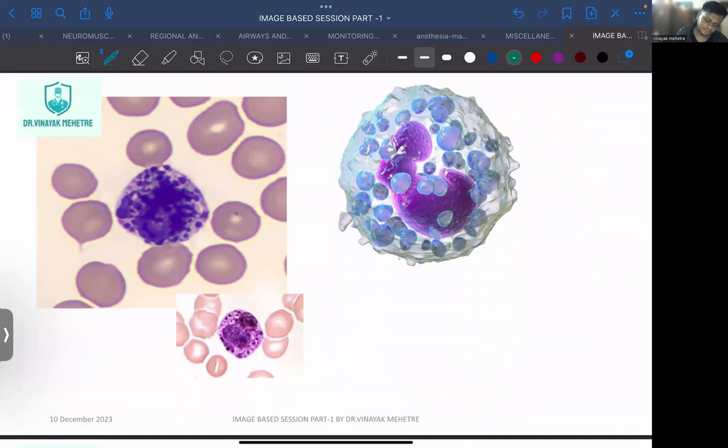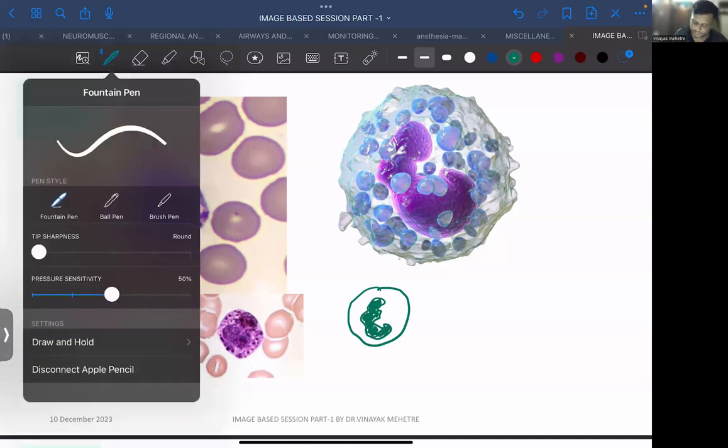Take a look. In short, the nucleus of the cell is not in a regular shape, right? It has no shape. What do we call it? We will call it basophils.